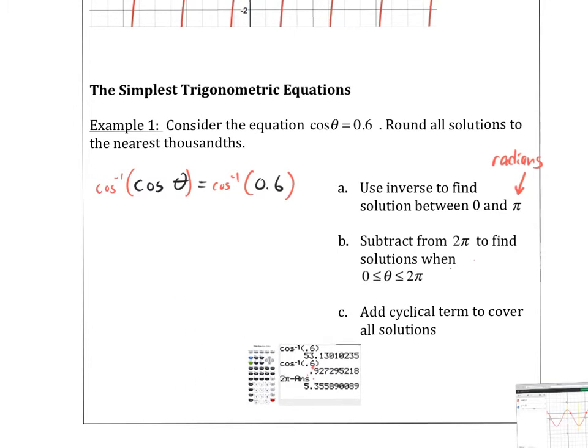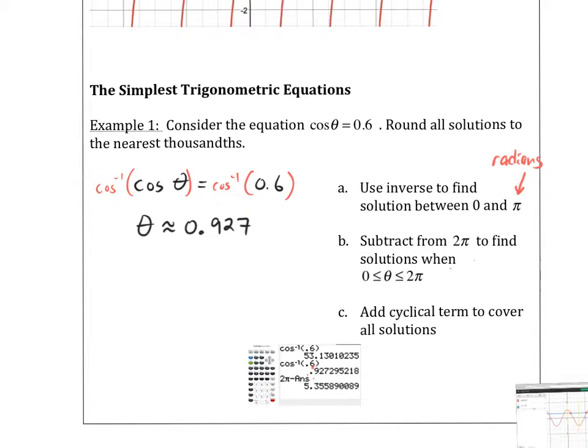So theta is approximately 0.927. It asked me to round it to the nearest thousandths. Okay.